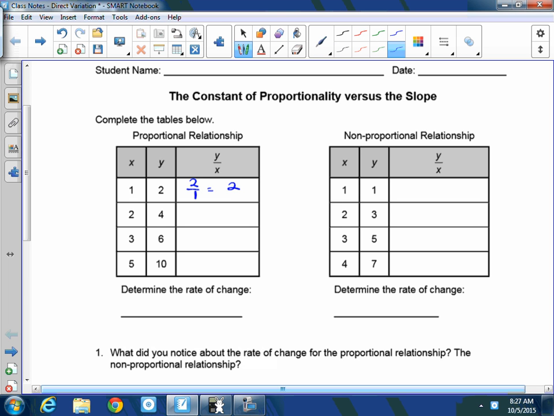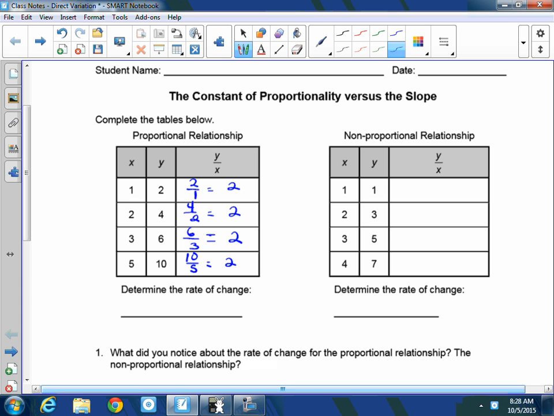And the other one, it would be 4 divided by 2, which is 2. 6 divided by 3, which is 2. I got 2 and I put 3. I know, and I had my coffee. 10 divided by 5, which equals 2.